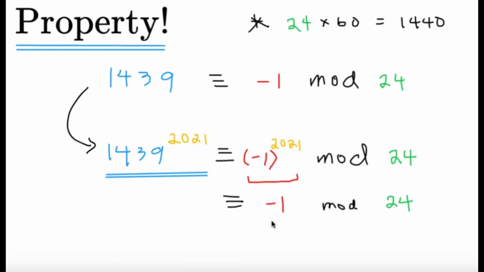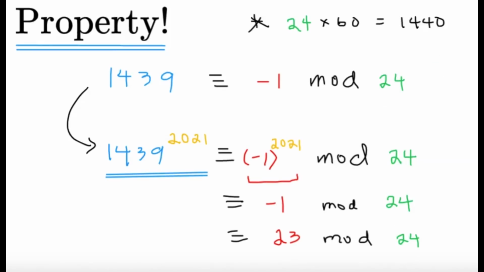Since we're working under modulo 24, negative 1 is the same as 23 modulo 24. Now we can read this more clearly: 1439 raised to 2021 leaves a remainder of 23 when divided by 24. And that is going to be the answer to this question.